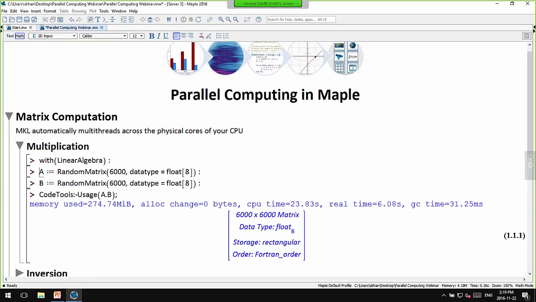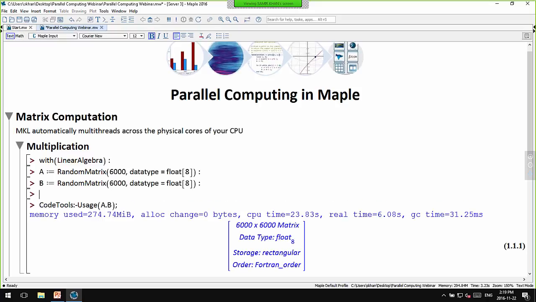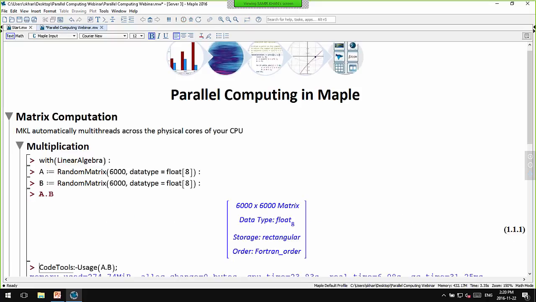So in the first two steps of this Maple worksheet, I'm generating two 6,000 by 6,000 matrices filled with floating point random numbers. Now, if I multiply the matrices together like so and hit enter, you can see Maple is evaluating in the bottom left-hand corner, and this will take about 6 or 7 seconds.